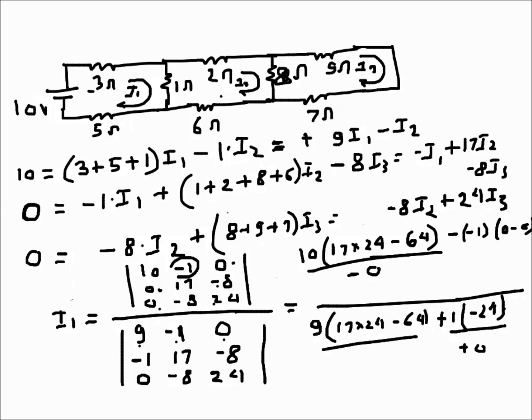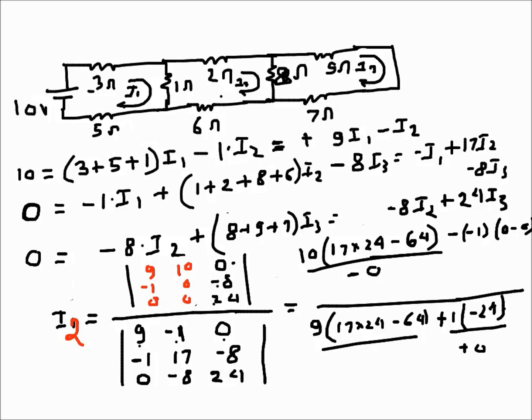Similarly, for I2, I will write what it will be with another color. If it is I2, the denominator will be the same. What changes is that this column will become 10 0 0, and the other columns remain the same.